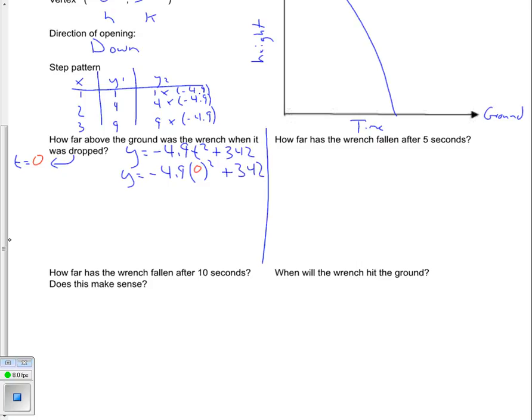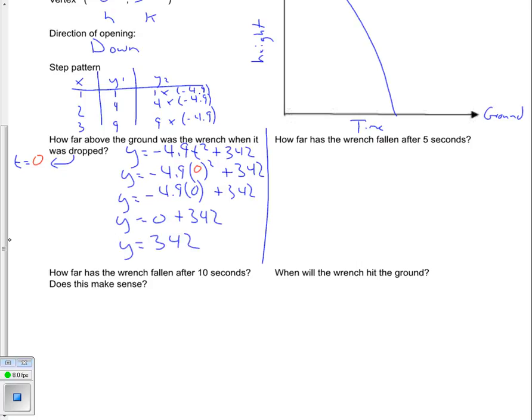Well, 0 squared is 0, and negative 4.9 times 0 is 0. In fact, any number times 0 is 0. So we're left with y equals 342.